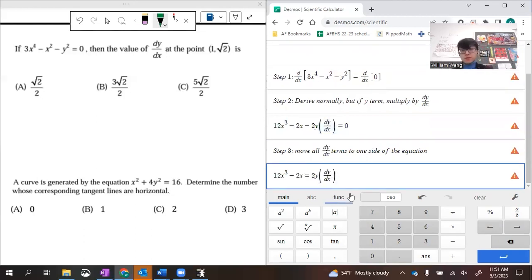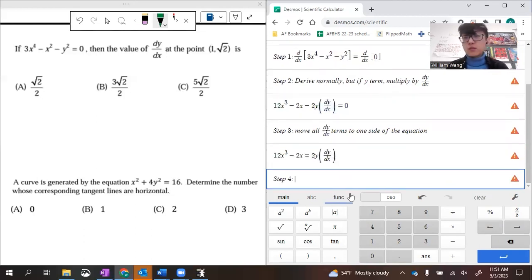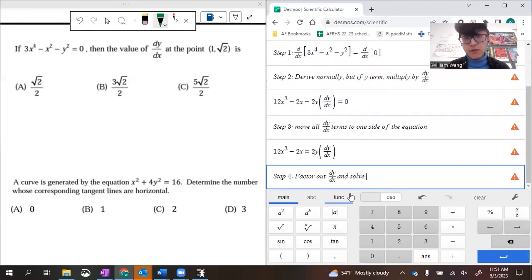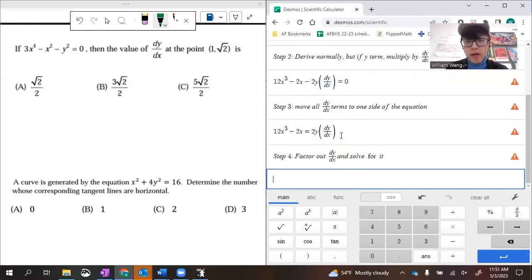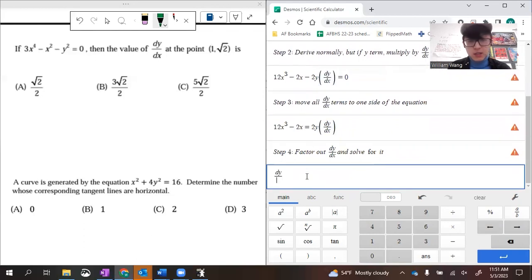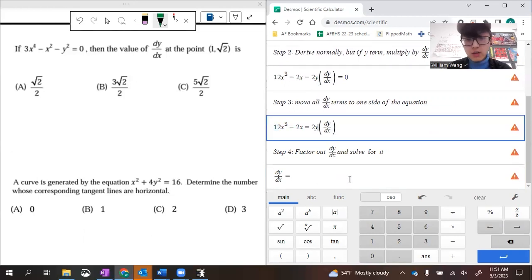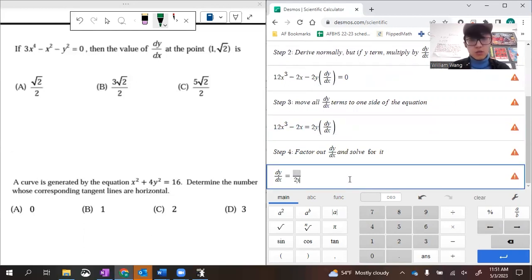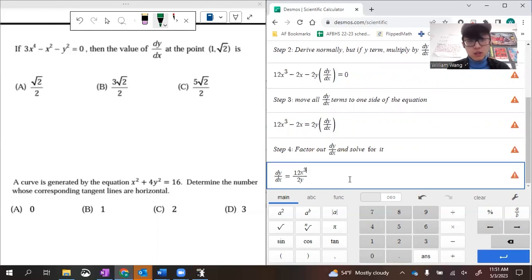All right, step 4 is I'm going to factor out dy over dx and solve for it. This means dy over dx is equal to this whole thing divided by 2y, so 12x cubed minus 2x divided by 2y. All right, cool.